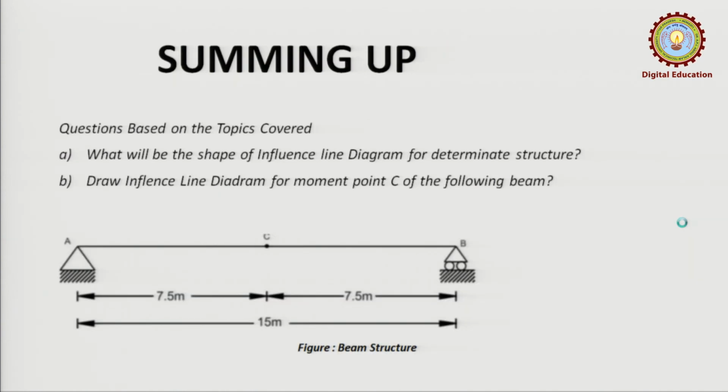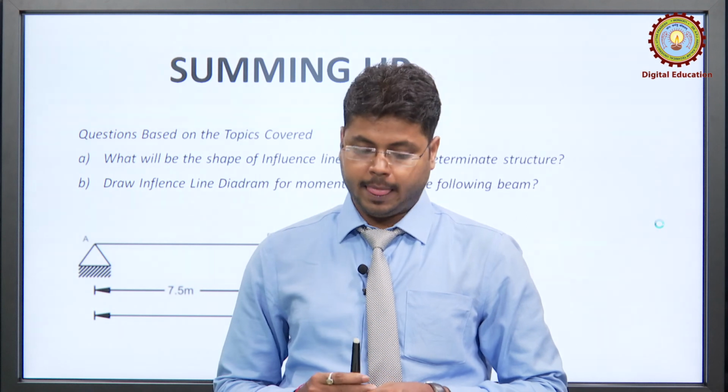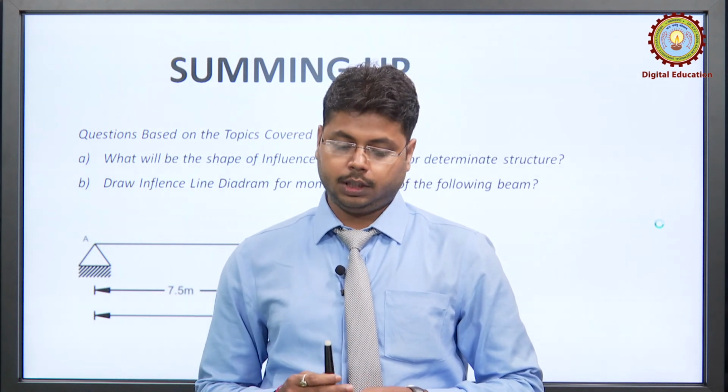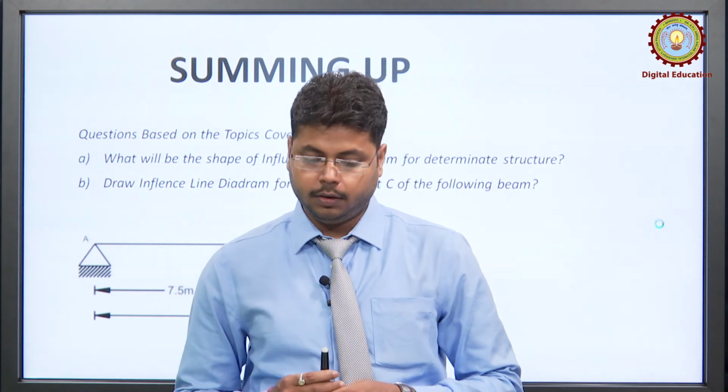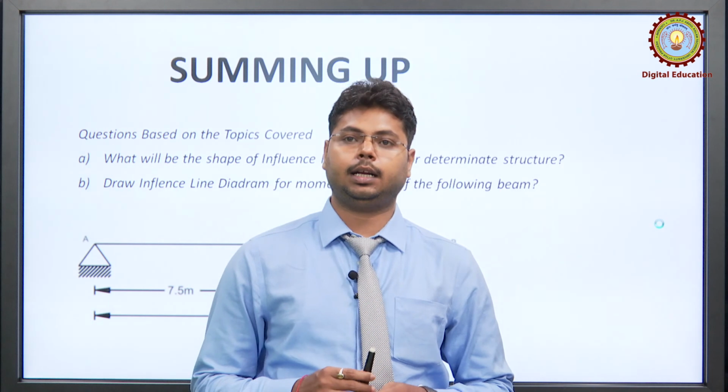So this is all for the influence line diagram for overhanging beam and simply supported beam. And these are the questions based on the topic covered. What will be the shape of the influence line diagram for a determinate beam?